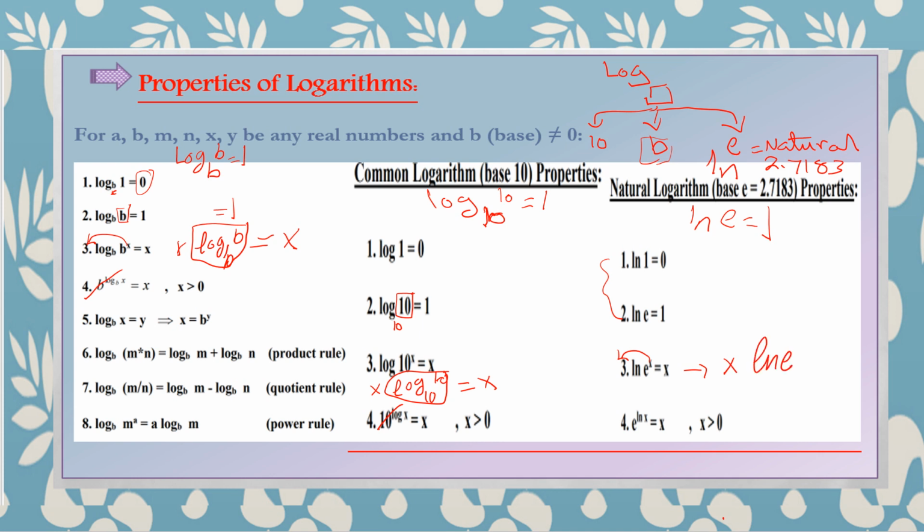The power comes before the logarithm or the ln. And as we just said in property number 2, ln e equals 1. So x times 1 equals x. Also, for e to the power ln x, the logarithm goes with the base, and this equals x.